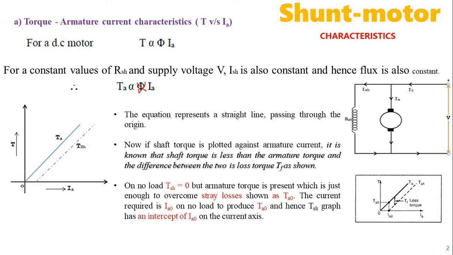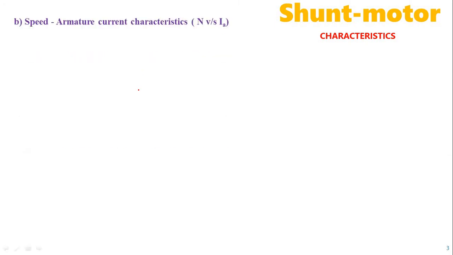The second one is speed versus armature current, or the speed armature current characteristics. In this characteristic, we should know the speed equation. I already explained in my previous video the speed equation of shunt DC motor and series DC motor. With the help of back EMF formula, Eb is given by phi Z N P divided by 60A.